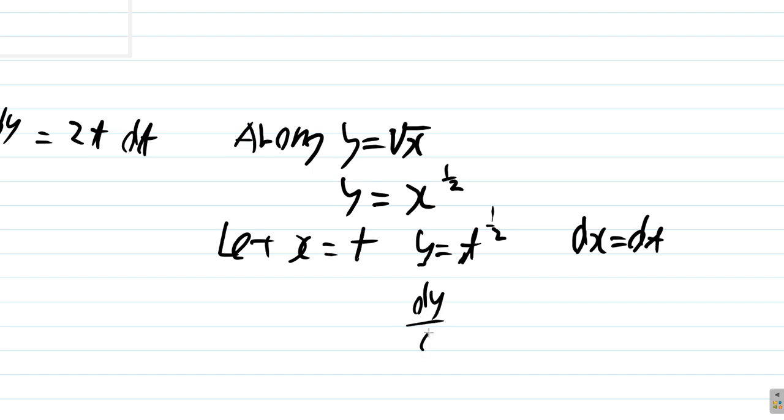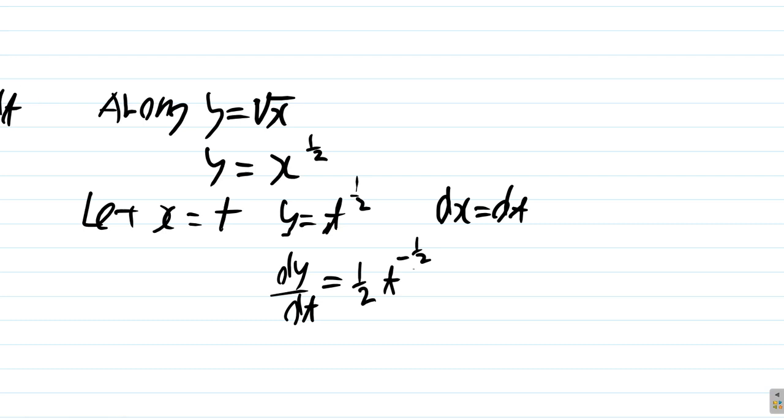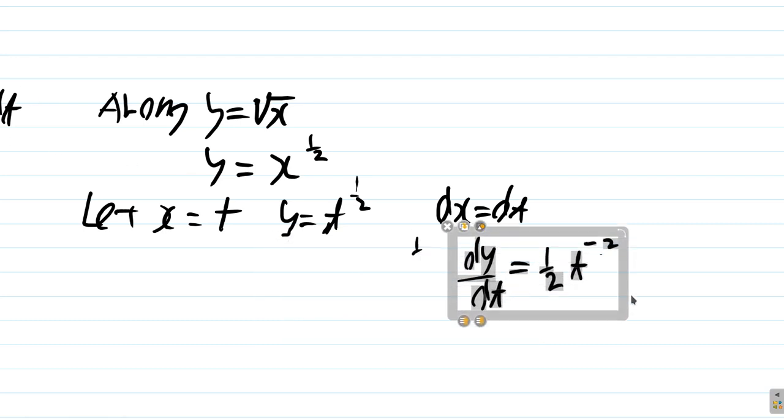So therefore dy by dt would be equal to half t to the half minus 1. Half minus 1 is negative half, so we can rewrite this as t to the negative half. So that's dy by dt. Let's bring it up here.